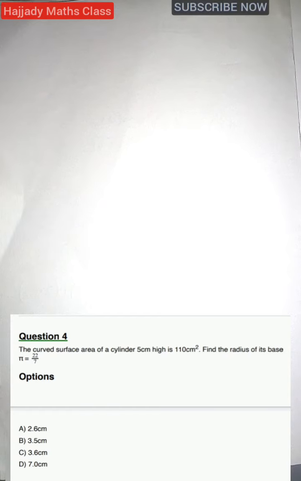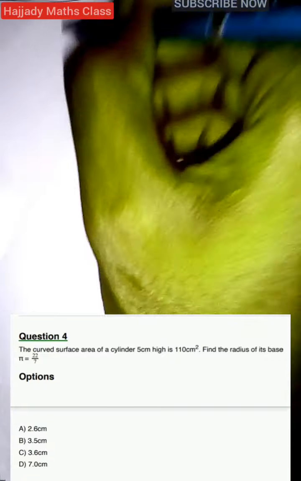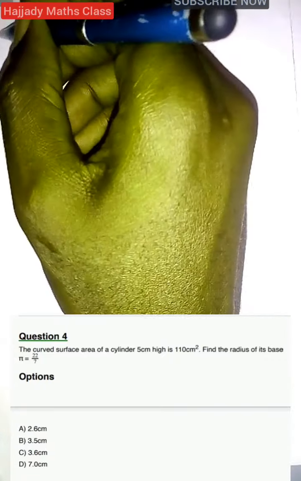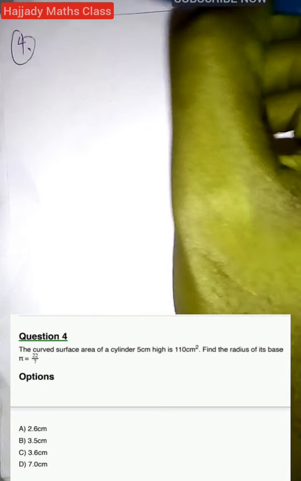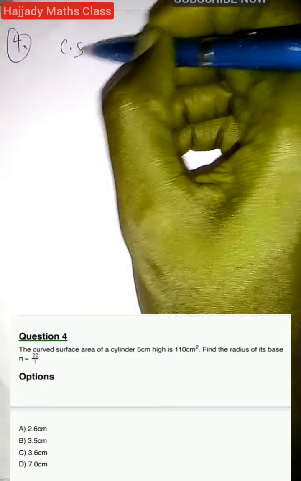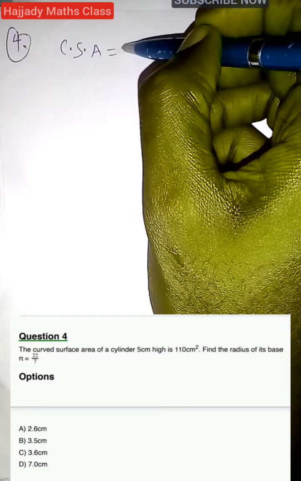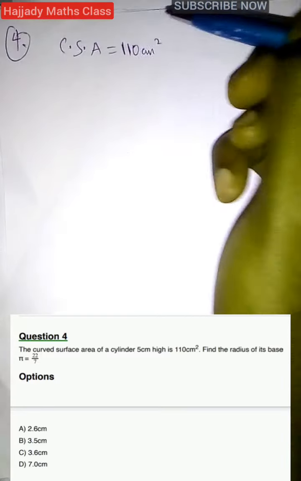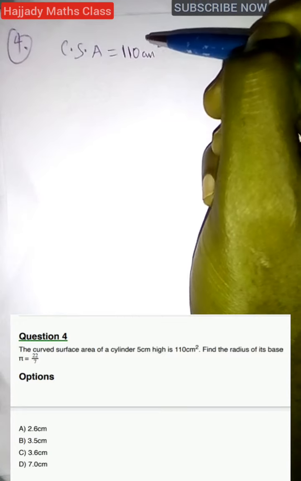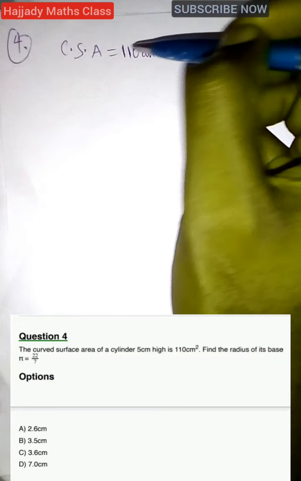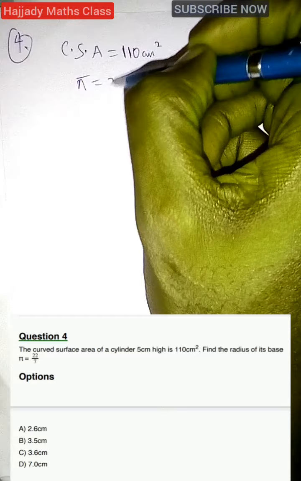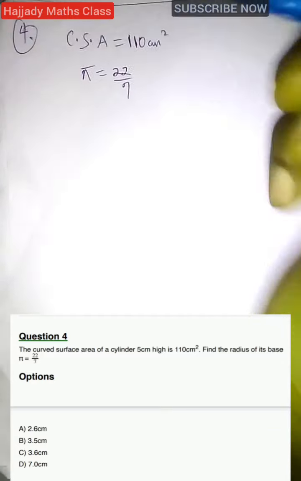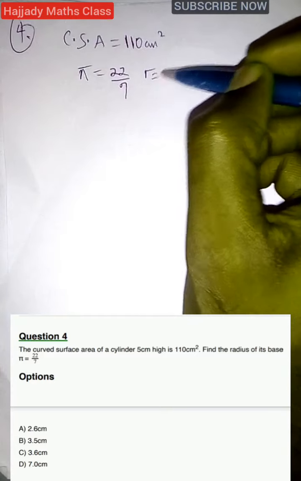The curved surface area has been given as 110 centimeters squared, pi is 22/7, and our radius is unknown.